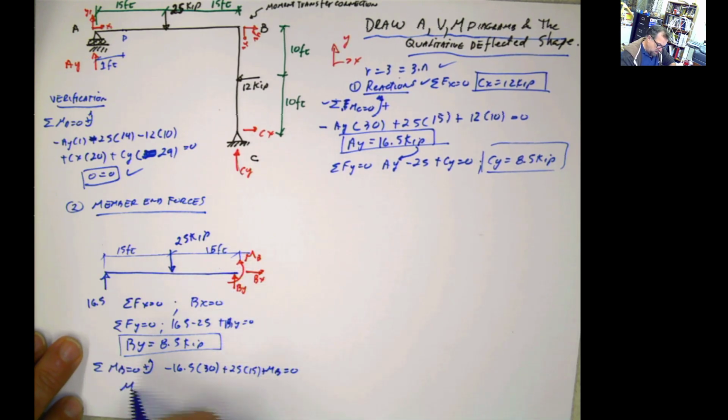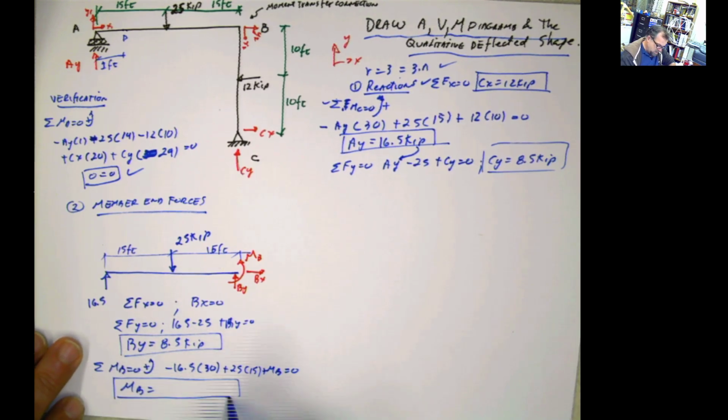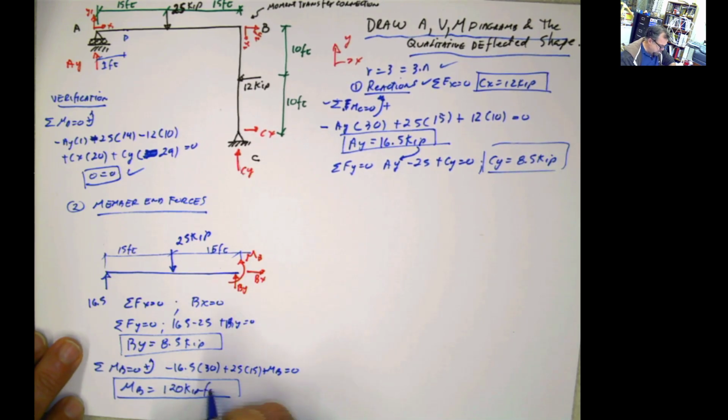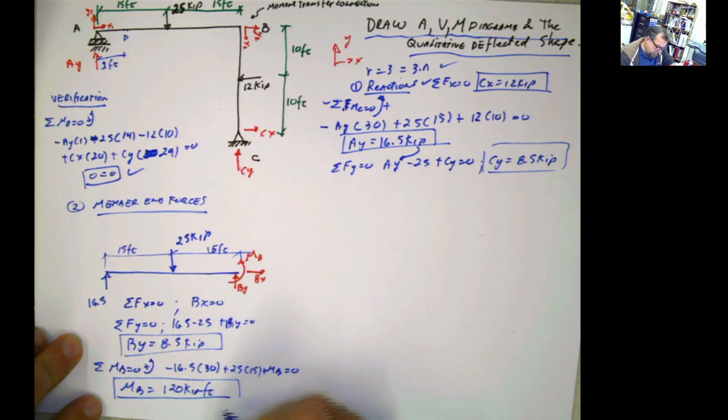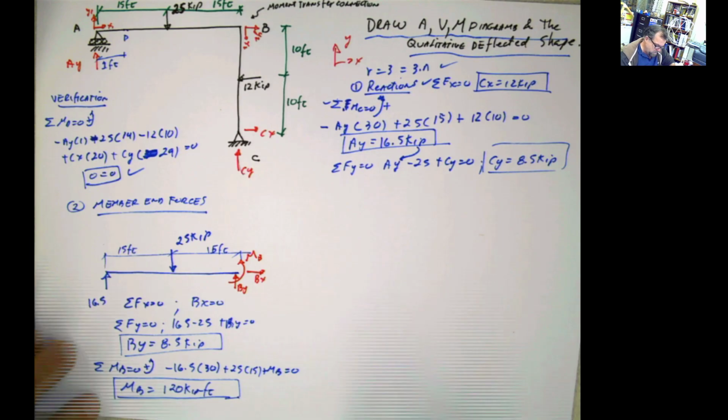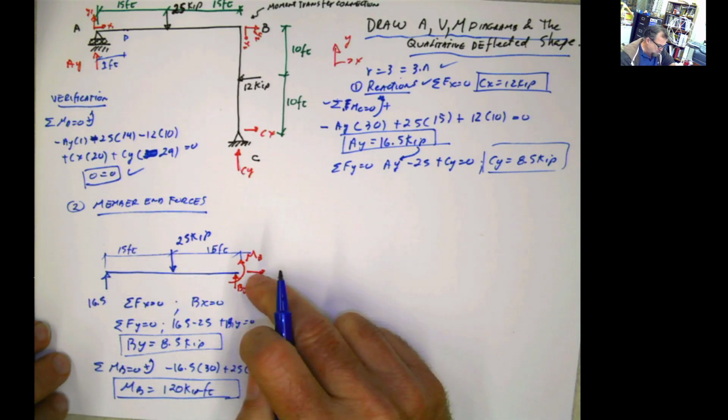And then you can calculate that moment. And that moment is going to be equal to 120 kip-feet in that direction. Perfect. We already have those.